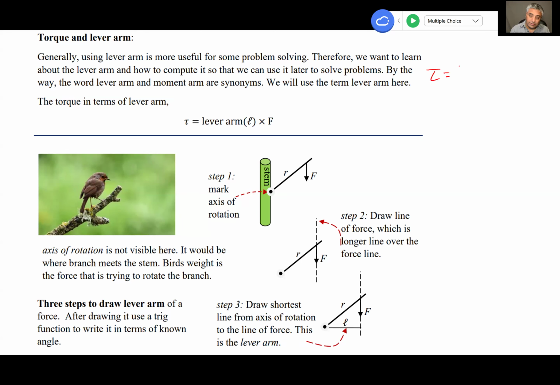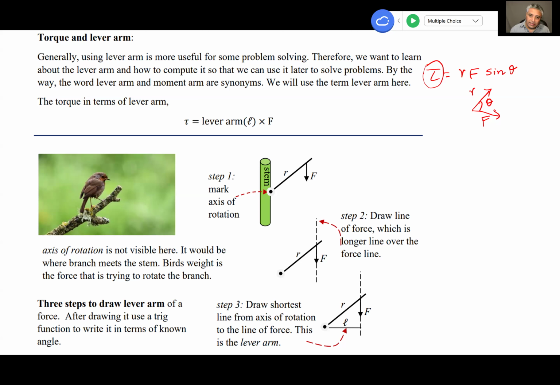Basic definition of torque is the product of the radial distance or position from the axis of rotation times force times the sine of the angle between them. Okay, so this is the angle between R and F. Not any angle, but between R and F. So here we are getting torque as a vector.